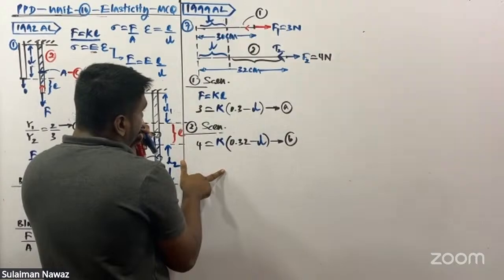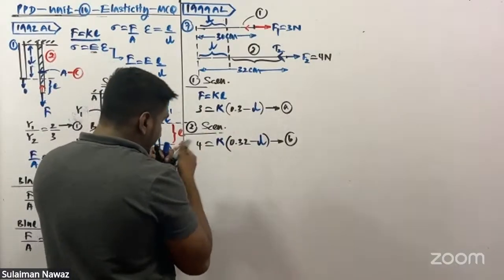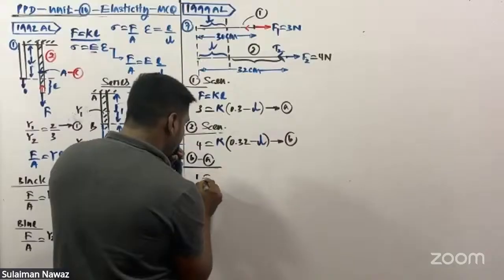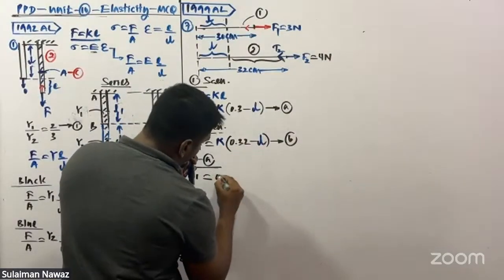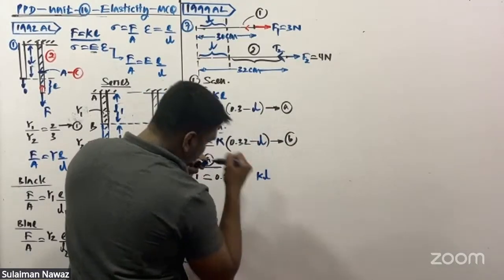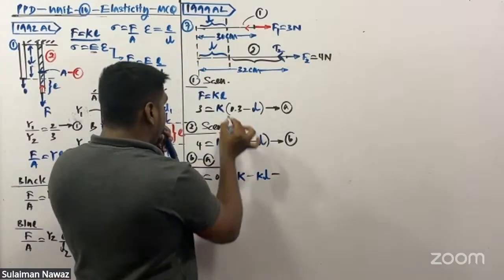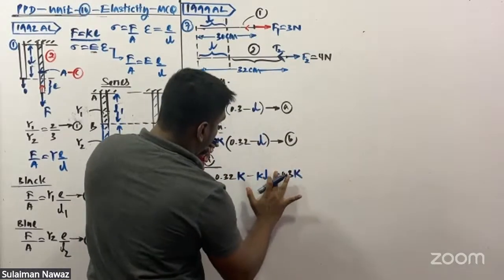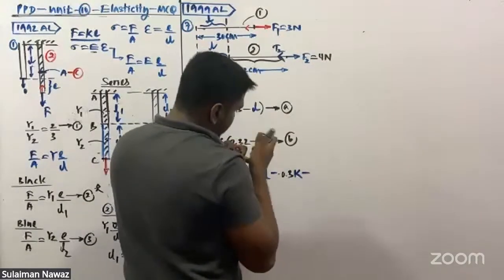Then you can find K. We'll do that: equation B minus equation A. So 4 minus 3 means how much? 1. 1 equals, expanding the brackets, 0.32 K minus KL, minus 0.3 K minus KL.